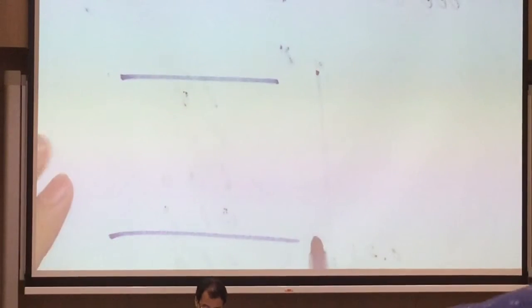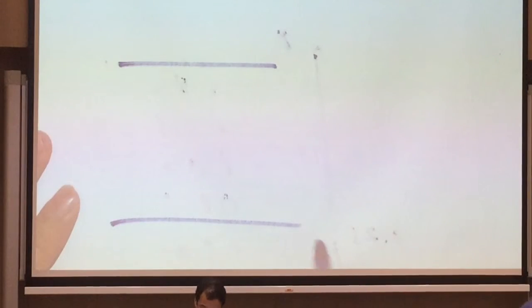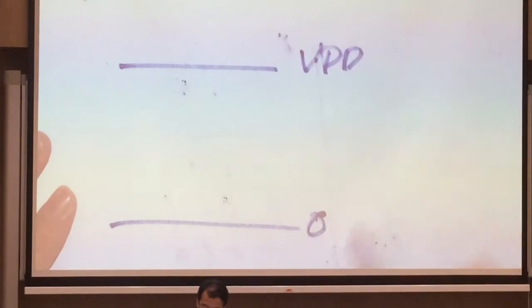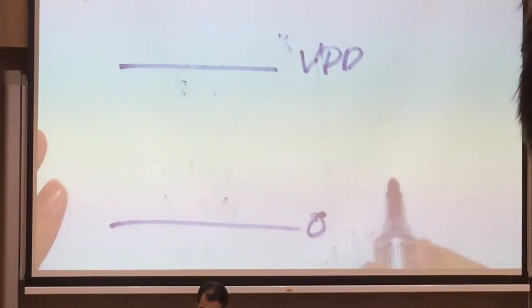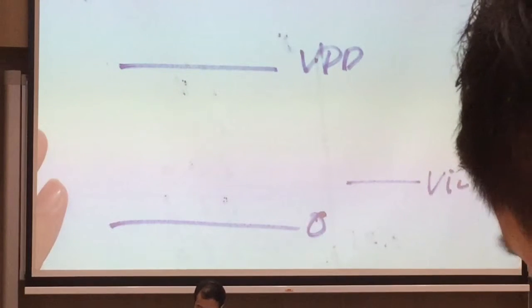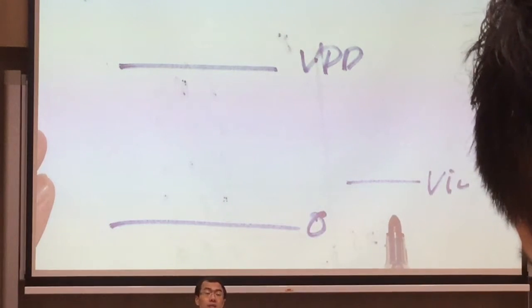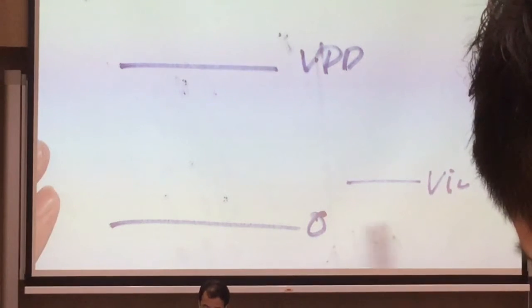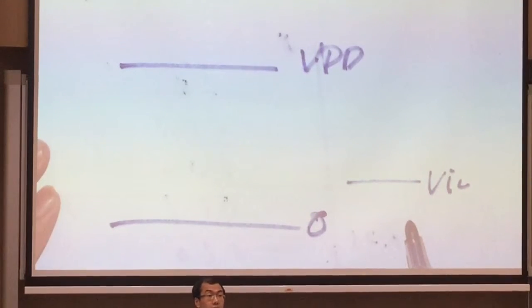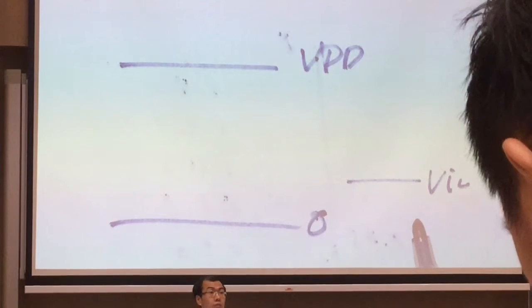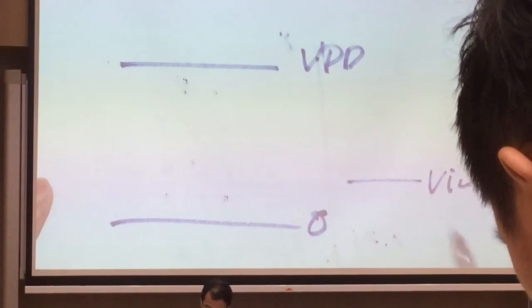So for ADC, the range is from 0 to VDD. Now let's say you have an input voltage somewhere here. How can we generate the digital output with the successive approximation method?